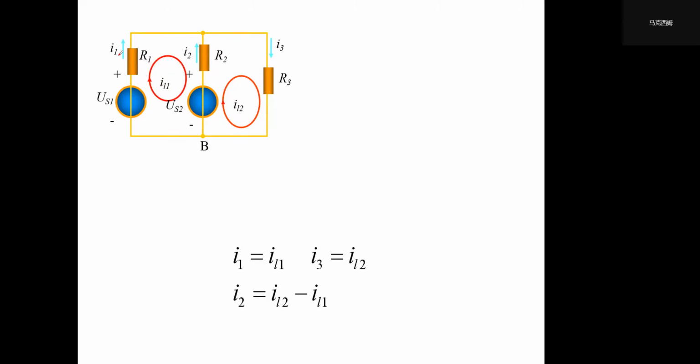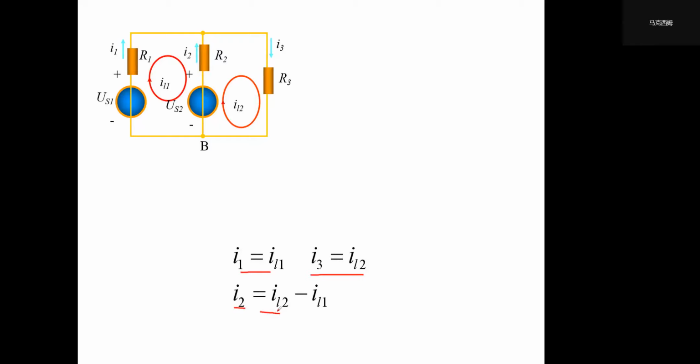Branch current I1 must equal IL1, and the branch current I3 must equal IL2, right? And the third one, I2. I2 could be considered as IL2 minus IL1 since the direction of IL2 is associated with I2 and IL1 is in the opposite direction to I2.